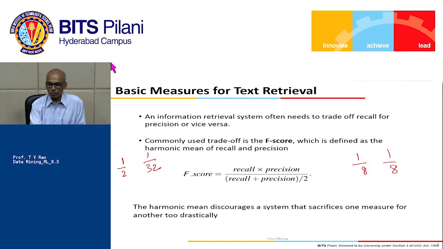The F-score is going to prefer the second over the first. If instead of 1 by 32 it were 1 by 3 or so, then the first would be preferred overall, and its F-score will be higher. But when one is very good and the other is very bad, the F-score prefers the one which has more or less similar recall and precision.